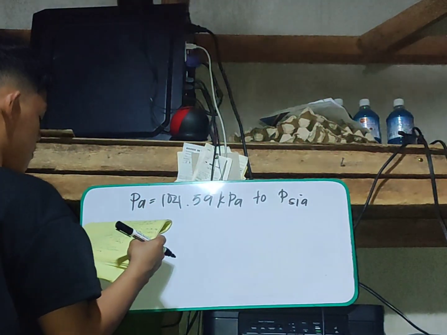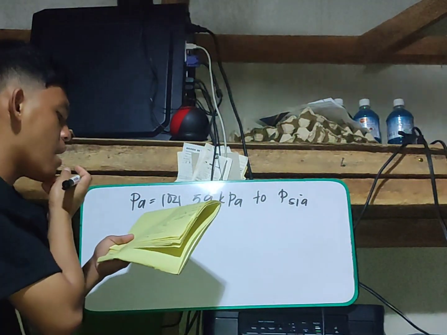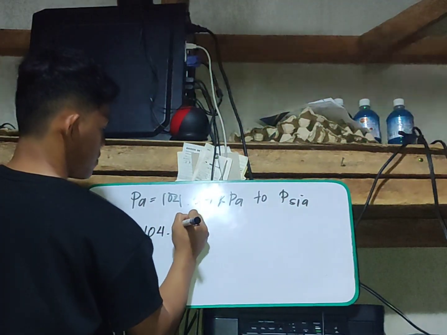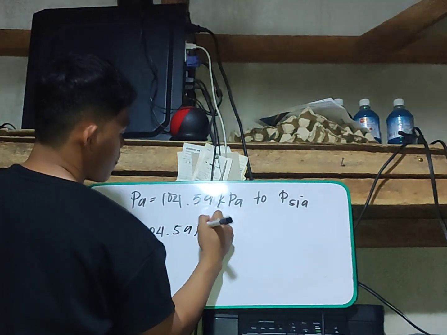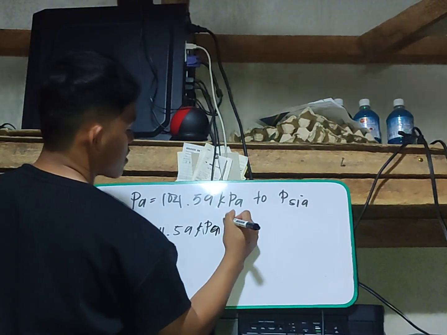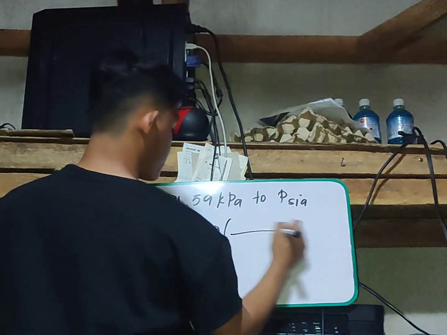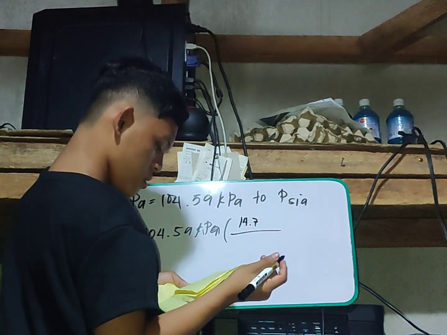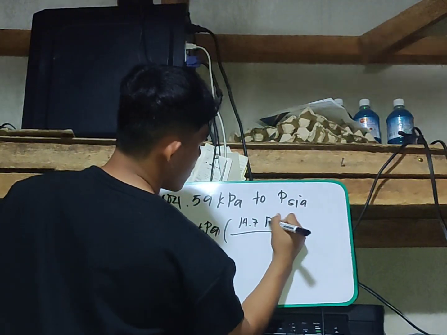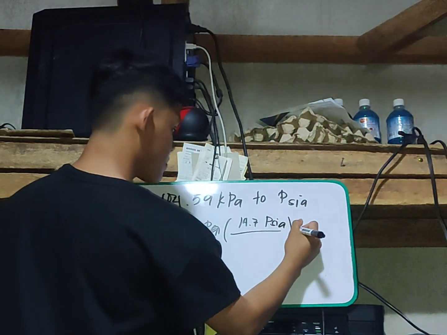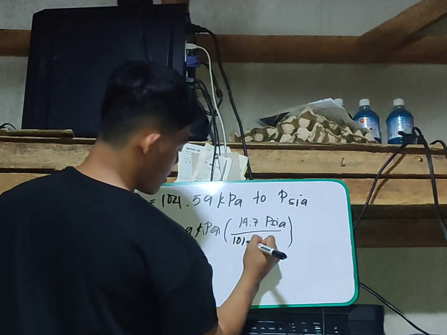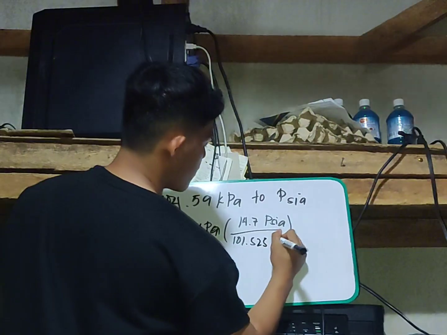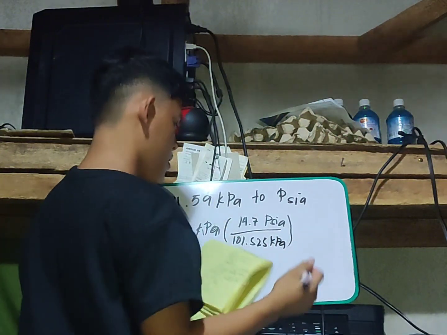Sa pag-convert, ita-times natin siya, ganito. 104.59 kilopascals times 14.7 PSIA over 101.325 kilopascal.